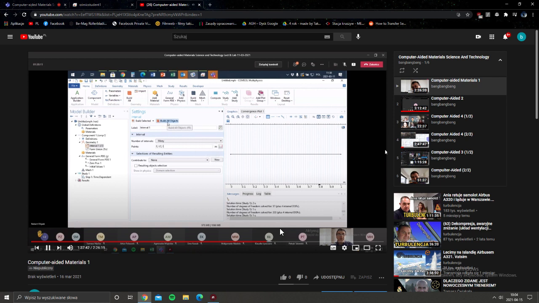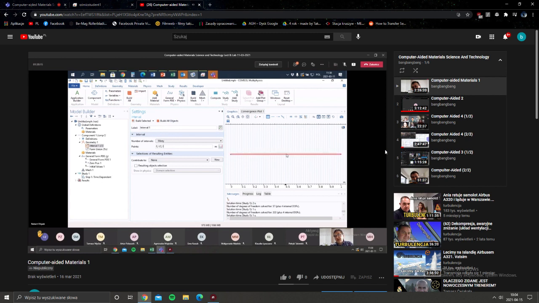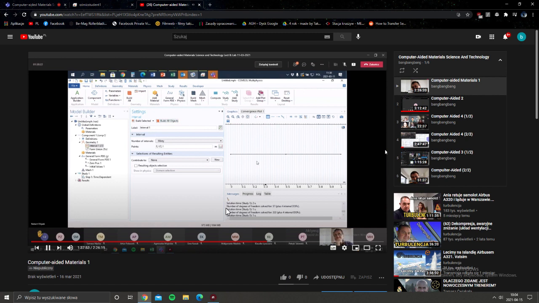And if we click Build All Objects, you will see an extra dot here. So it means that our geometry is composed of two intervals.